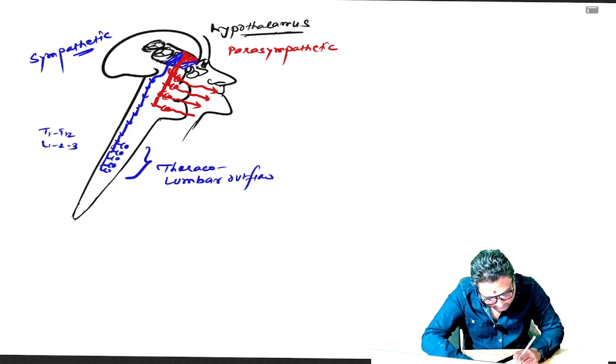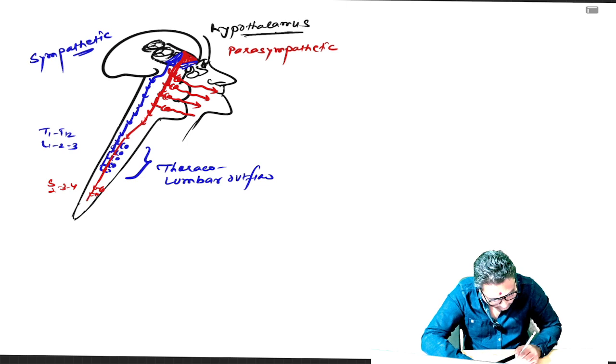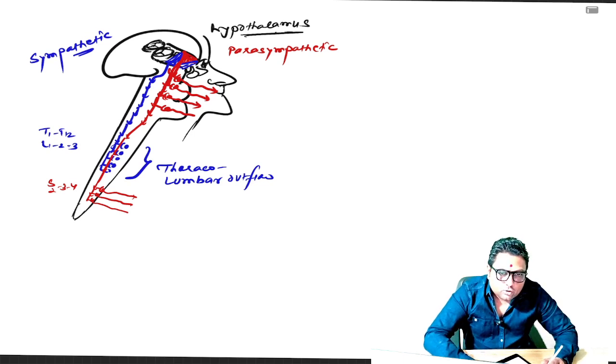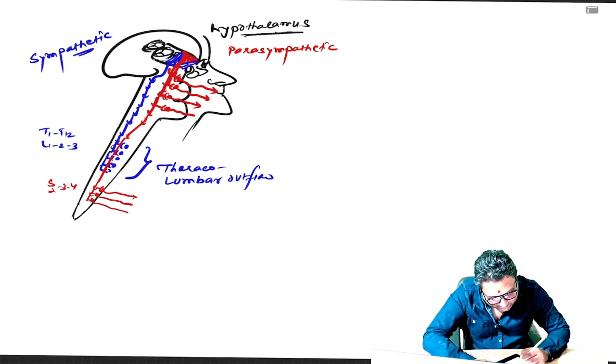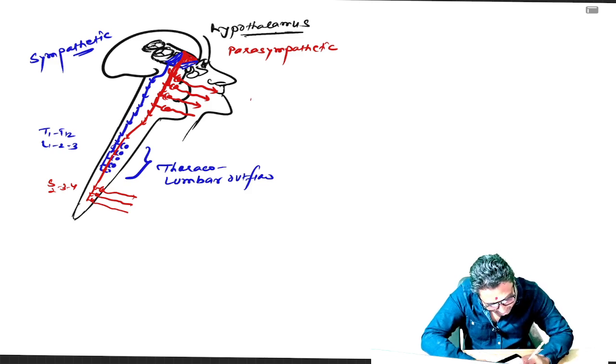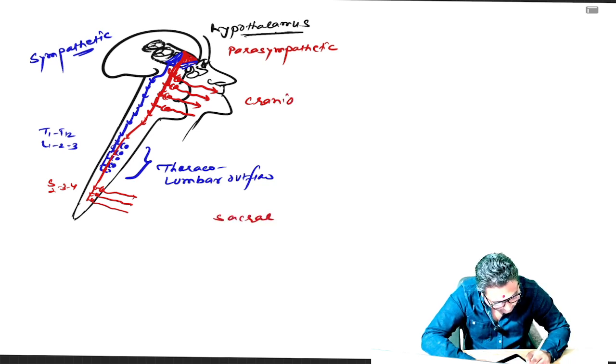These fibers descend downward, bypass the cervical, thoracic, lumbar region, and finally in the sacral region they communicate with S2, 3 and 4, and from that part preganglionic fibers come out. So that is why this parasympathetic system is called craniosacral outflow.